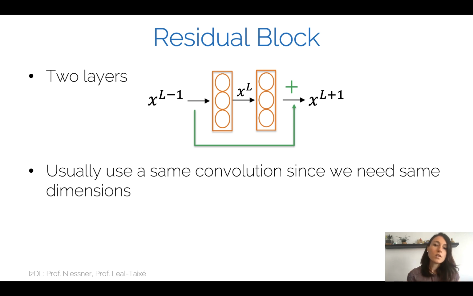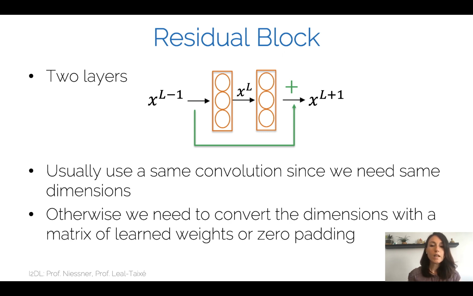So if we're using convolutions, we need to use same convolutions because we need the same dimensions. Otherwise, we need to convert the dimensions with a matrix of learned weights or with zero padding. So, a bit more complex, but it's important that the size of XL-1 is the same as the size of XL+1 so that we can sum up these two representations.